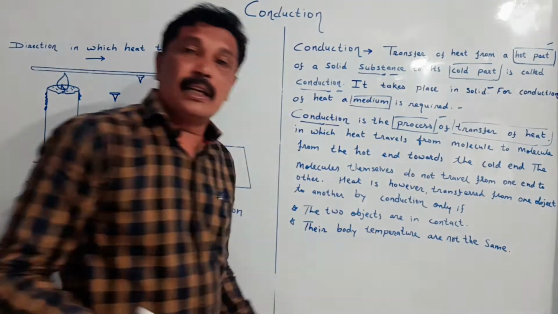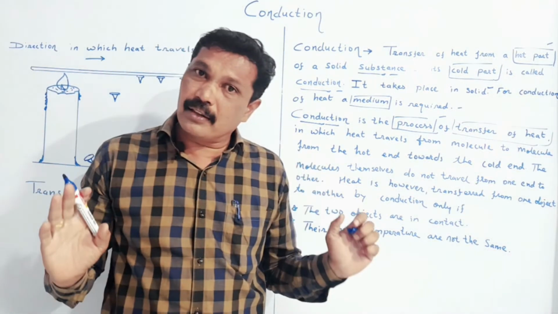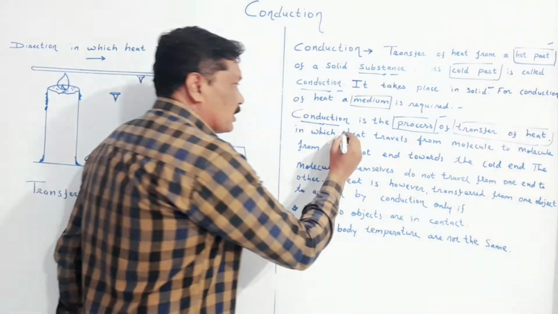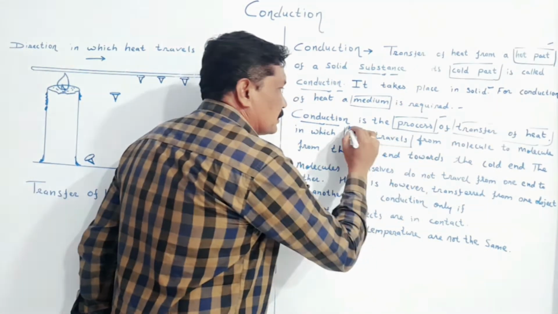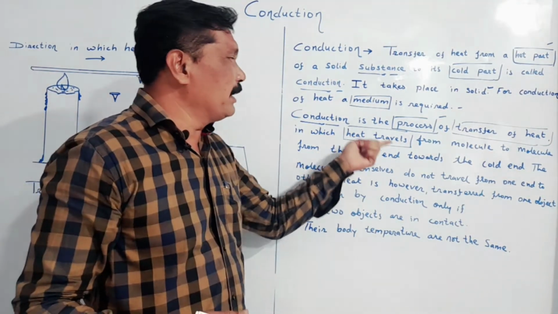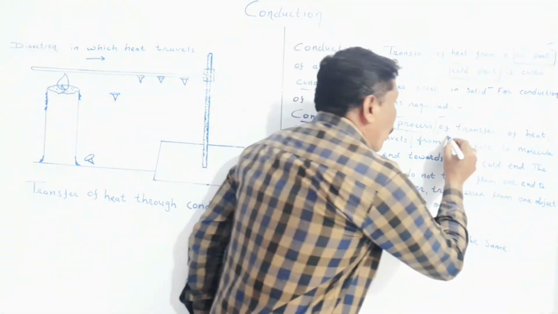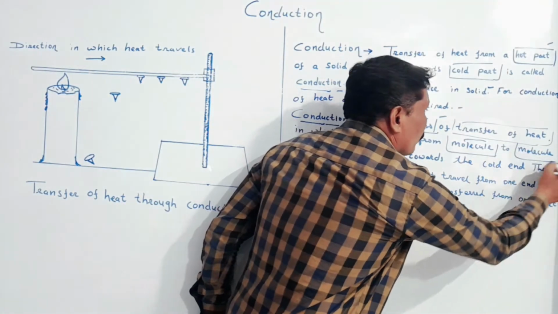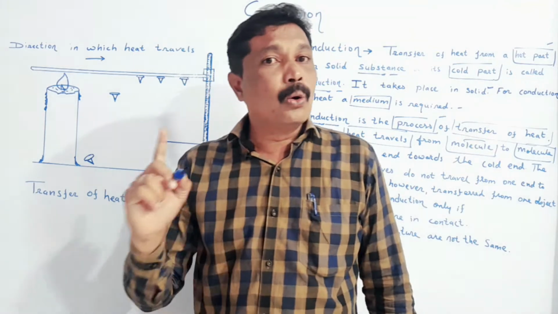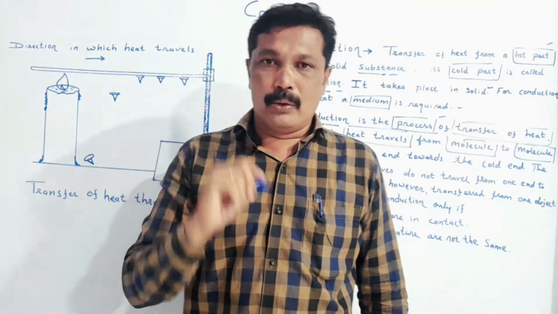My dear student, in the process of conduction, there is what? Transfer of heat, in which heat travels. What happened in this? Heat travels from molecule to molecule. My dear student, we have already discussed who carries the heat? Molecule.